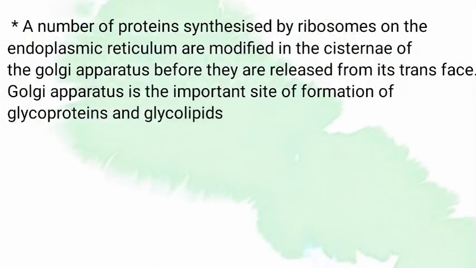A number of proteins synthesized by ribosomes and the endoplasmic reticulum are modified in the cisternae of the Golgi apparatus before they are released from its trans phase. Golgi apparatus is the most important site of formation of glycoproteins and glycolipids.